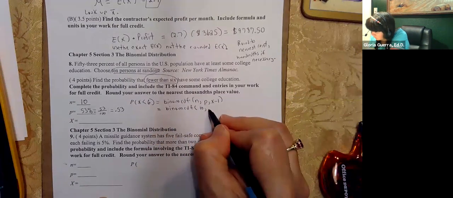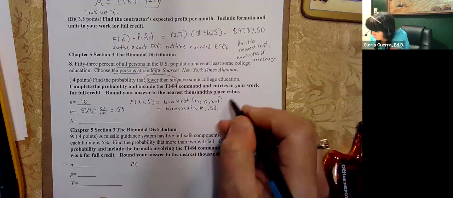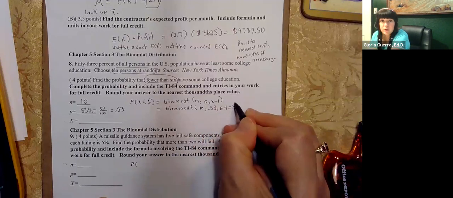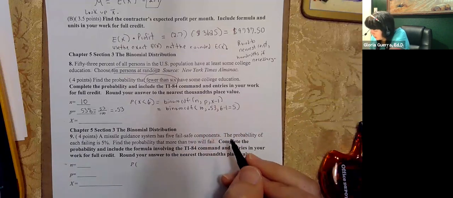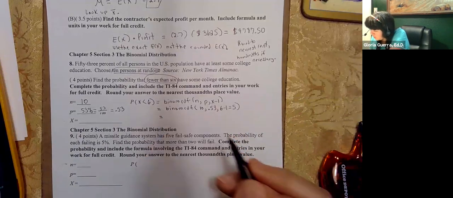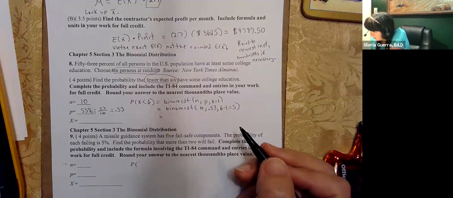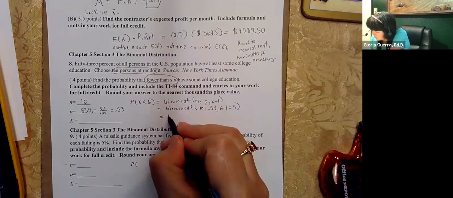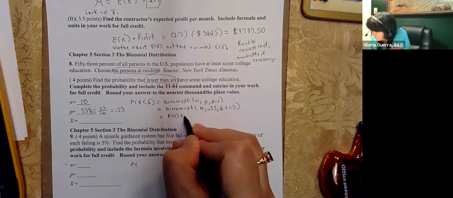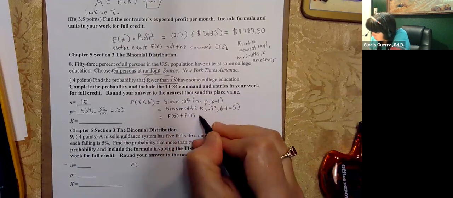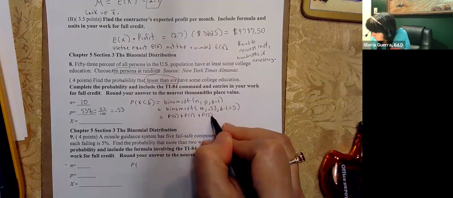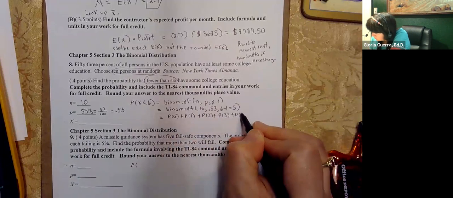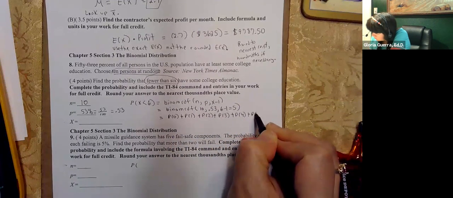P is 0.53. X minus 1 is going to be 6 minus 1, which is 5. And CDF starts from 0. So you're finding P of 0 plus P of 1 plus P of 2 plus P of 3 plus P of 4 plus P of 5.